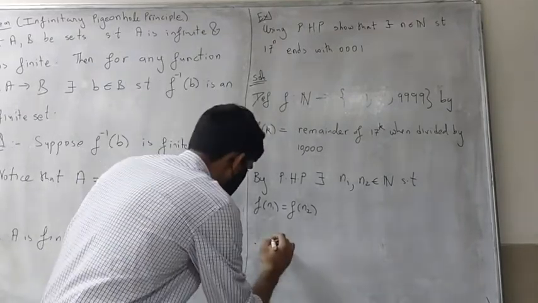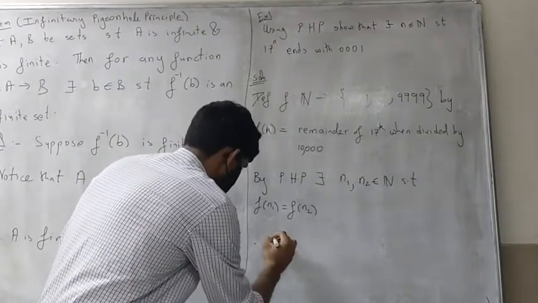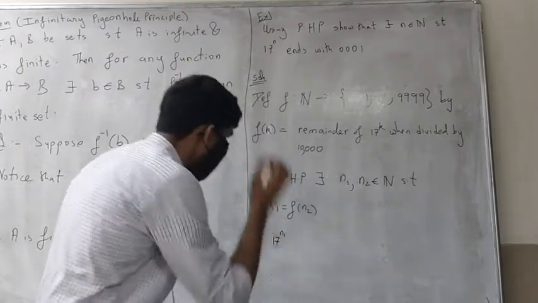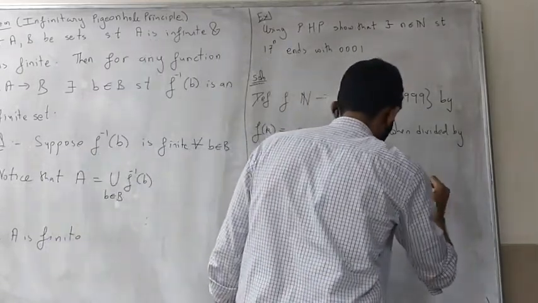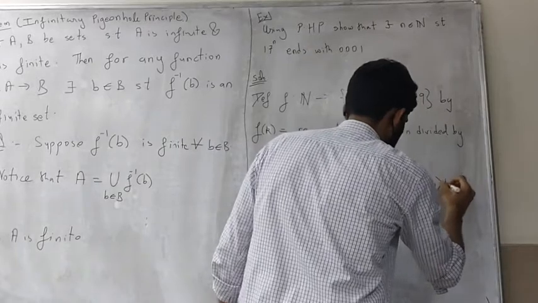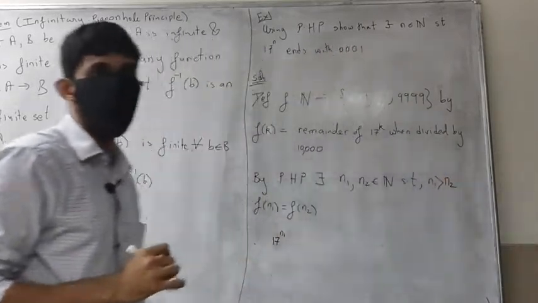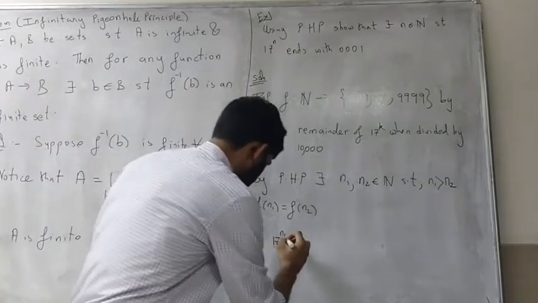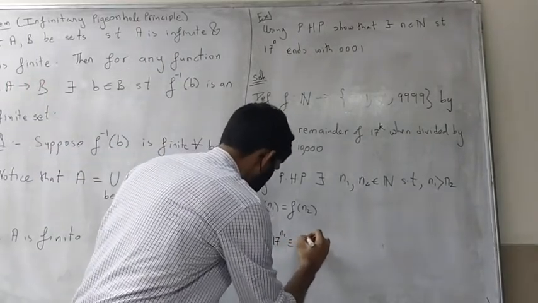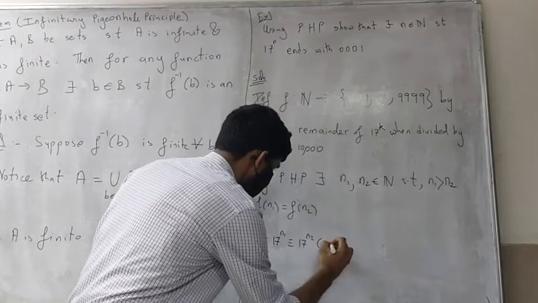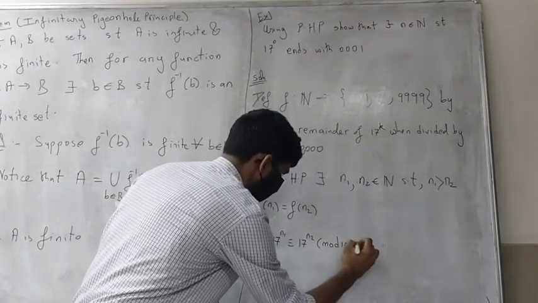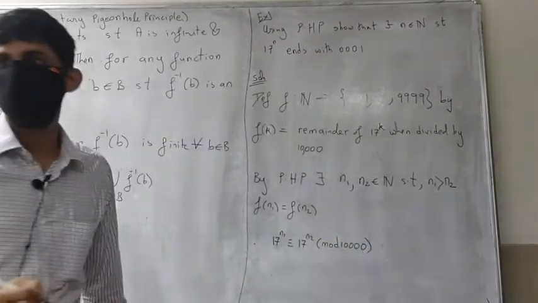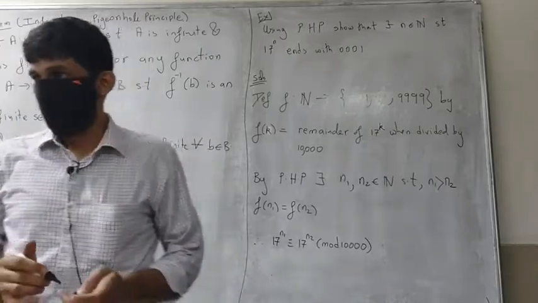So therefore this tells me that, and of course here I could simply put n1 greater than n2, since they should be distinct, 17 raised to n1 is congruent to 17 raised to n2 modulo 10,000.